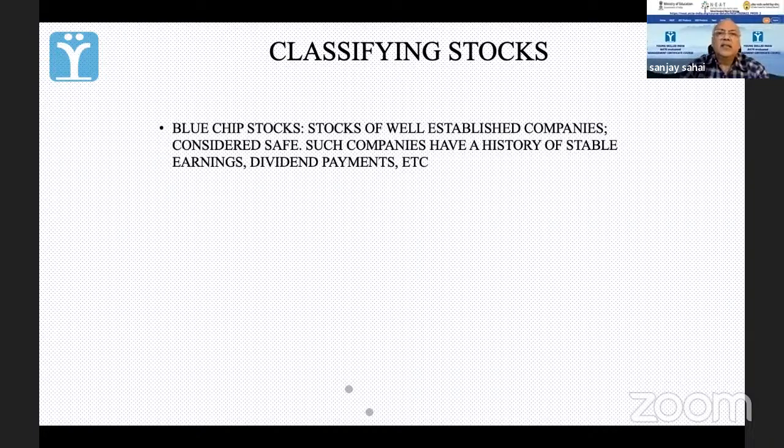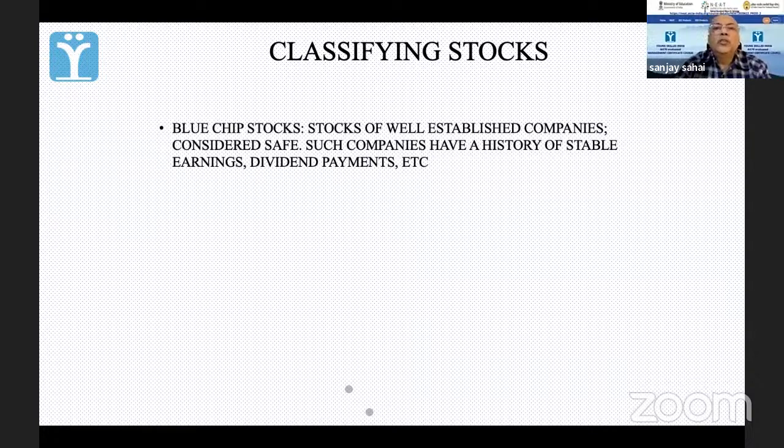Why are they considered safe? Because their business model seems to be working. Whatever business they are in, it seems to be doing well. Not doing well in 1 year or 2 years, but maybe they've been around for 30, 40 years, and the business is doing well. There is a steady growth in its revenues. Its profits are increasing. It is also a company which is paying regular dividends.